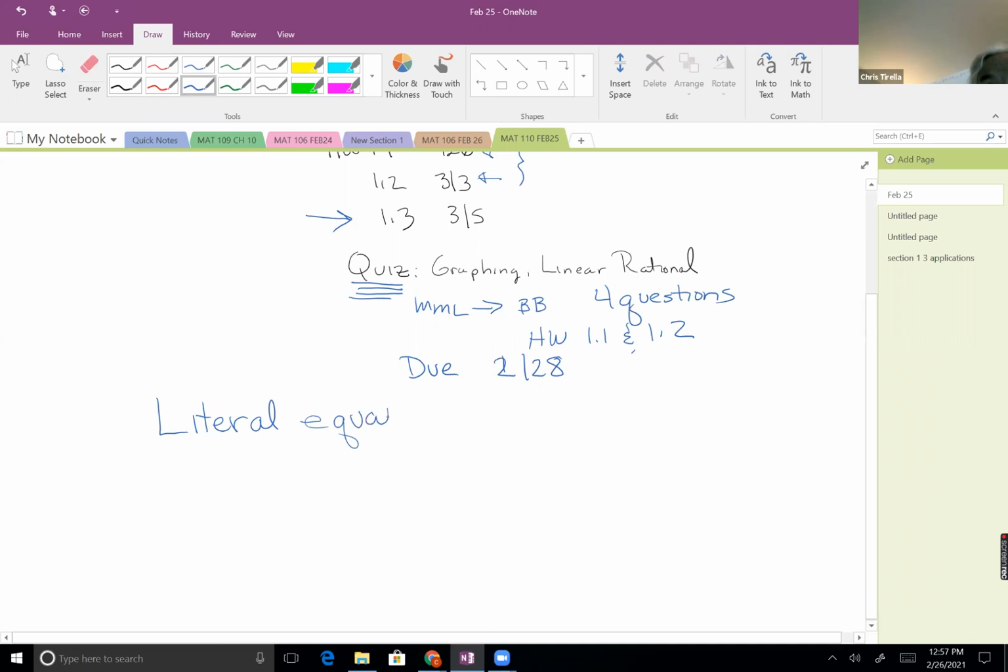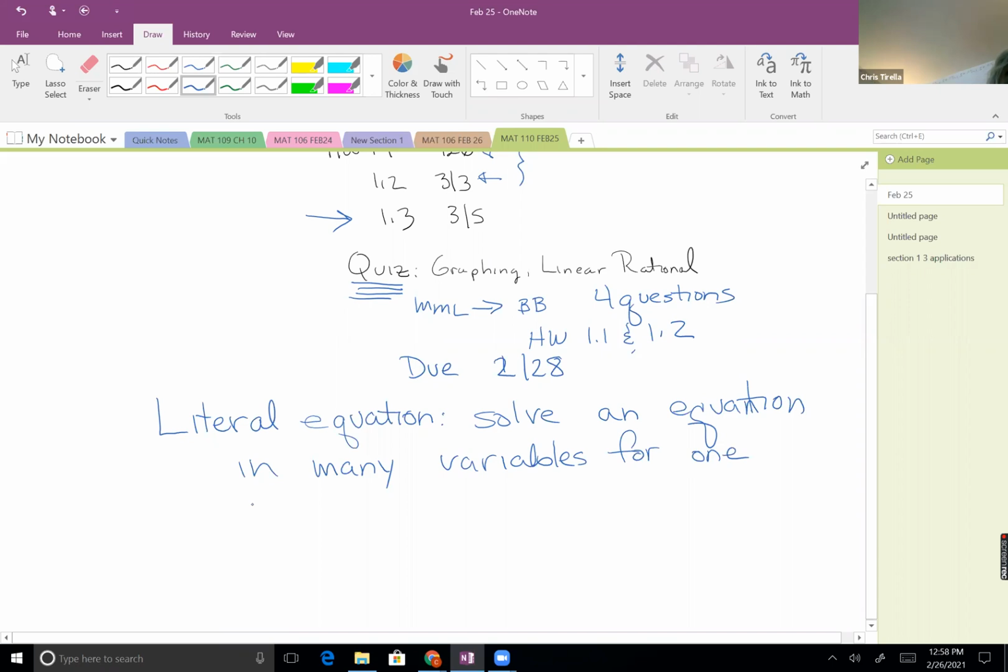And when I talk about literal equations, what I'm referring to is when you solve an equation in many variables for one of the variables in terms of the others.